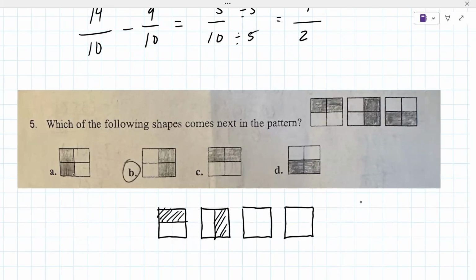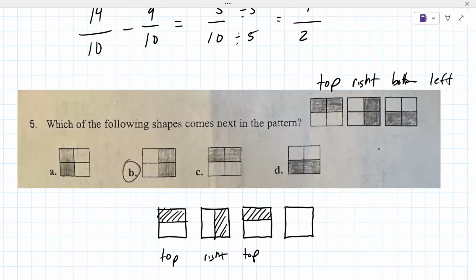If this were the pattern that was given, top, right, top, then B would be correct, but it would be the bottom one. So what you have to almost do here is say, okay, it's top, so it would be right, bottom, left. So it'd be A, not B.